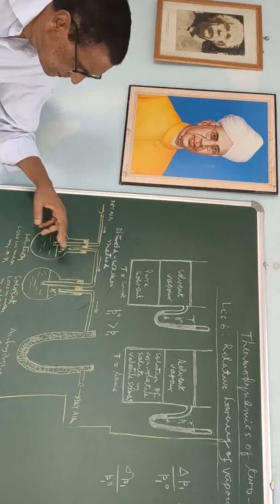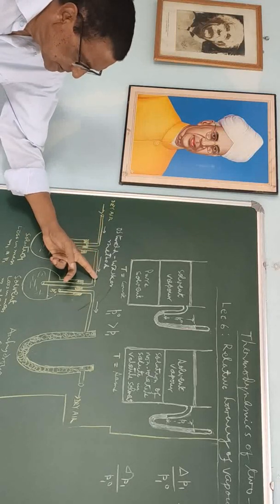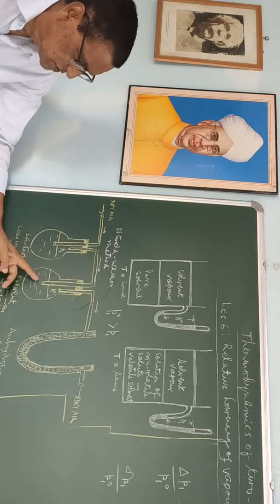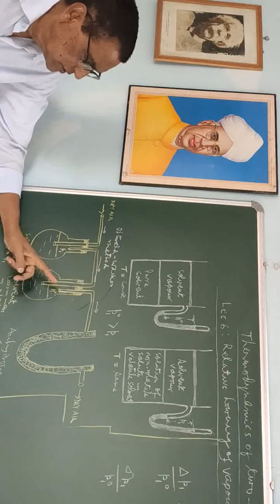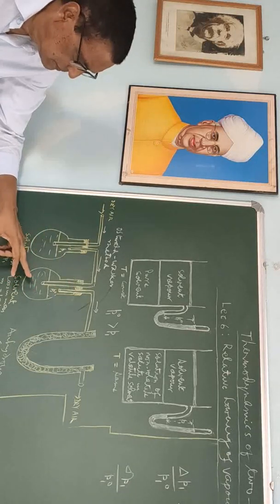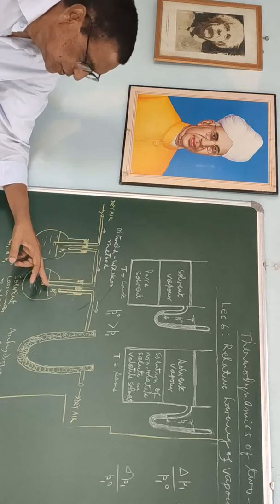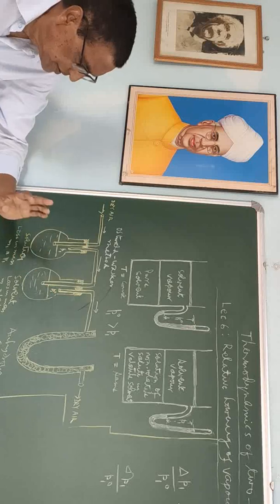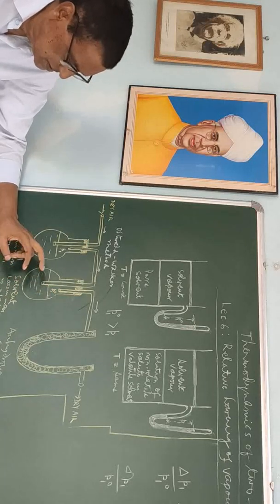Now this partially saturated air is passed through the solvent. The solvent has the higher vapour pressure P1 naught, so more water will be taken up until saturation at P1 naught, and there will again be a loss of mass of this container.